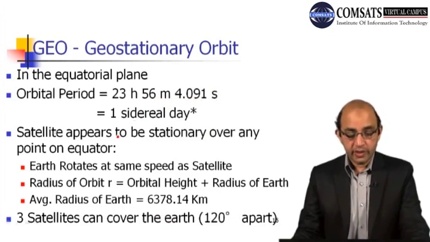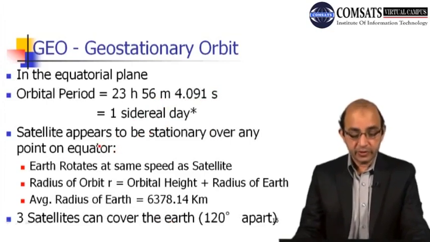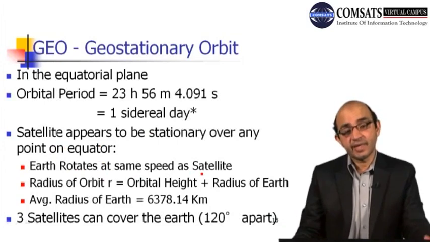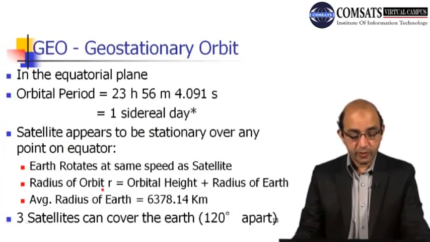So in one sidereal day, this satellite appears to be stationary over any point on the equator, because the Earth rotates at the same speed as the satellite rotates.